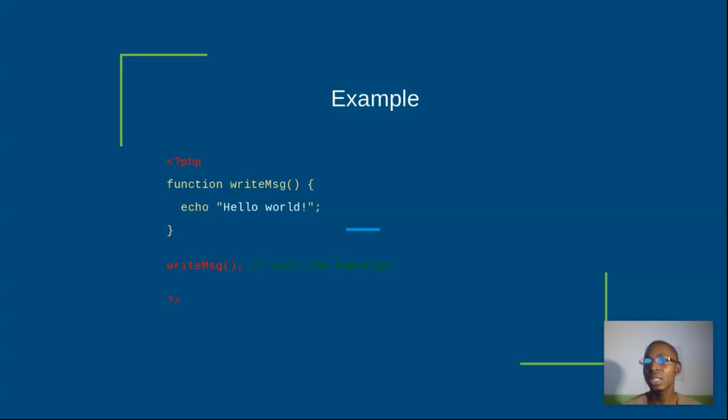The function starts with this keyword, function, then the name of the function, then these brackets open and close. The things that might come inside here, we'll not talk about that for now. We'll talk about that in some minutes. You have now the block that should be executed within that function.